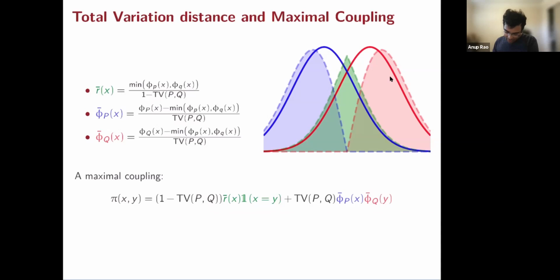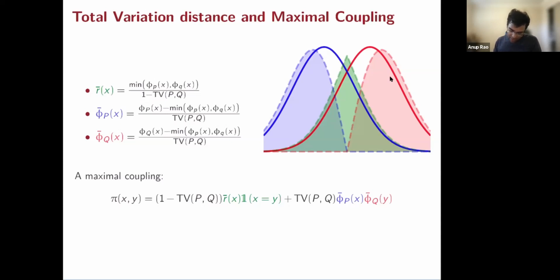So we know that with a certain probability, in a maximal coupling, X will be equal to Y. And so we take a mixture weight, 1 minus the total variation between P and Q.